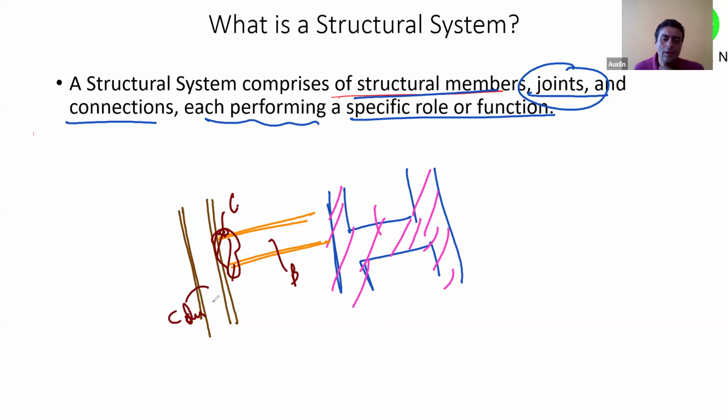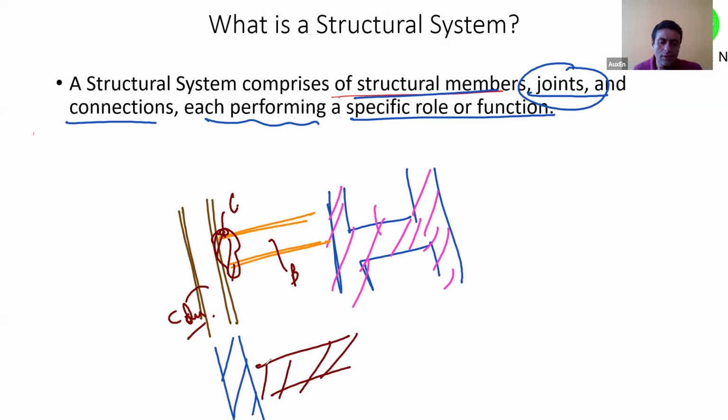In steel or even in precast, connections play an important role because there are dissimilar, heterogeneous items that are not monolithic, and they are connected through some external entity which is called a connection.